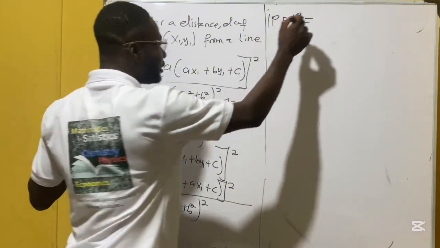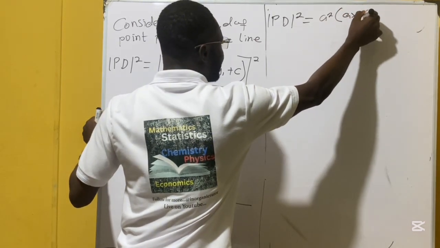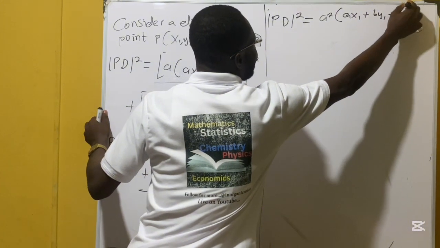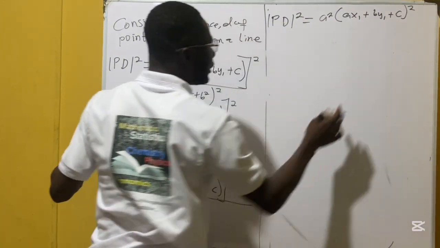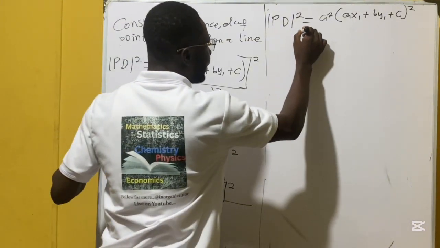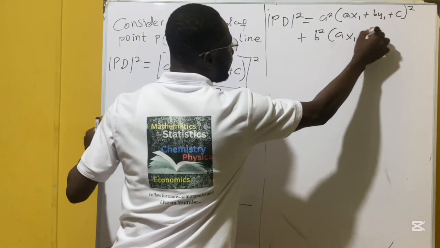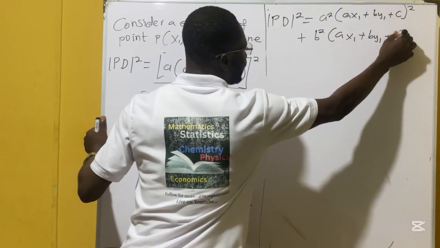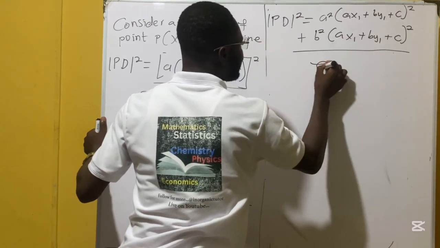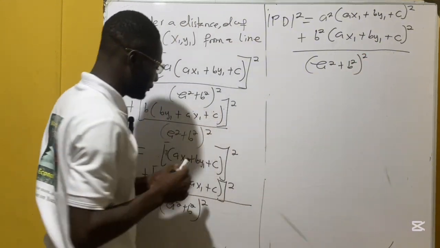So we're going to have PD equals A squared into A x1 plus B y1 plus C, all squared, right? We have not changed the information, the same information, plus B squared into A x1 plus B y1 plus C, all squared. And this is all over A squared plus B squared, all squared, right?